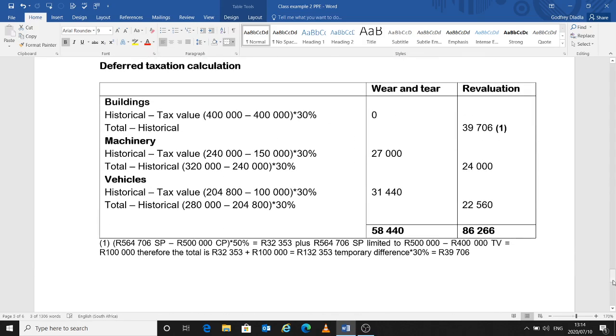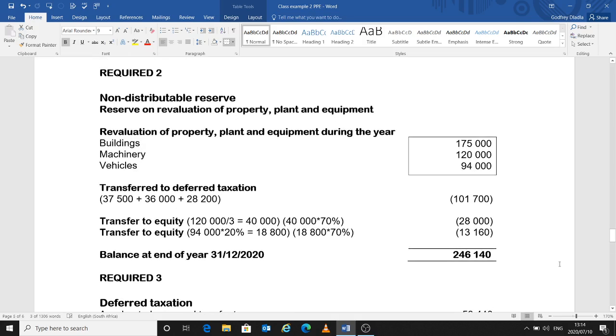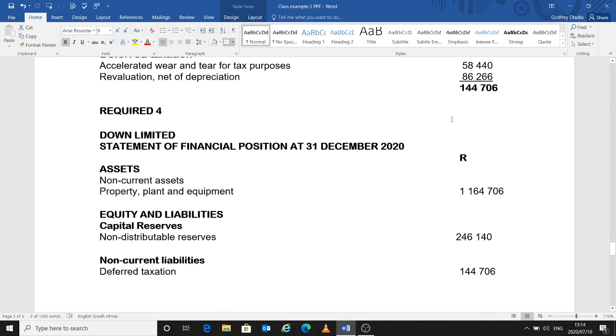Now, if you add everything in the column wear and tear, it gives you 58. If you add everything in the column revaluation, it gives you 86,266. And that should then tie to this reconciliation here.